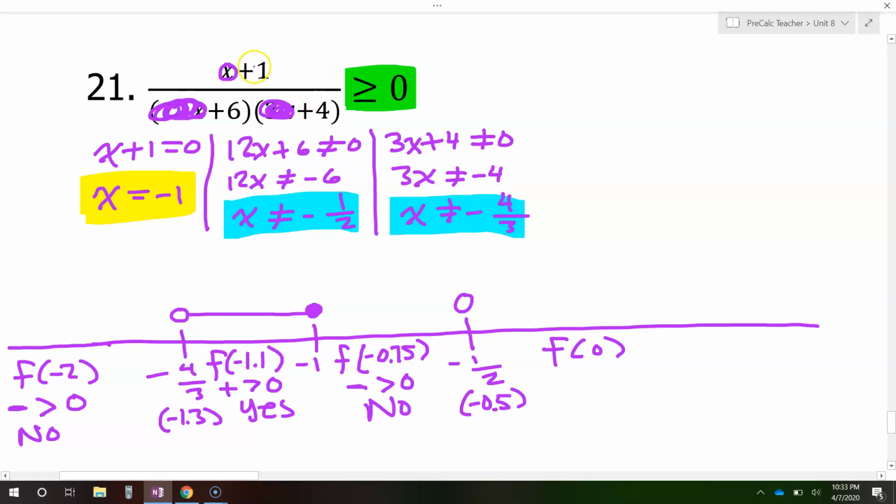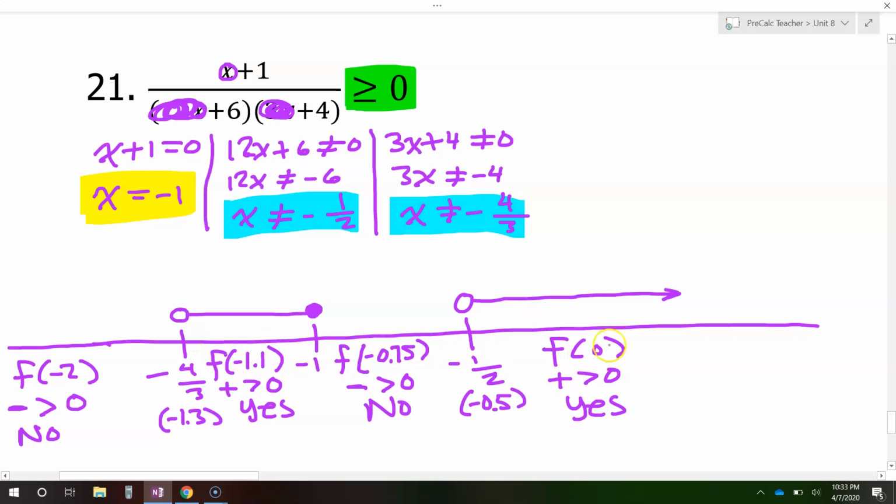So that just leaves 1 over 6 times 4. All of those are positive, so that's going to be a positive result. Is a positive number greater than 0? Yes. So that means everything in this interval will be a solution.